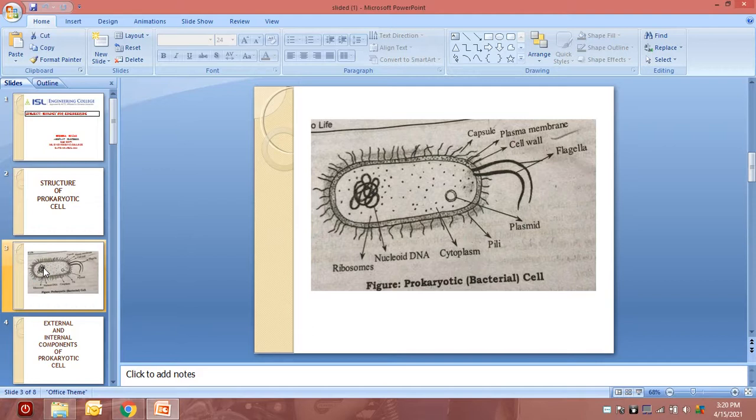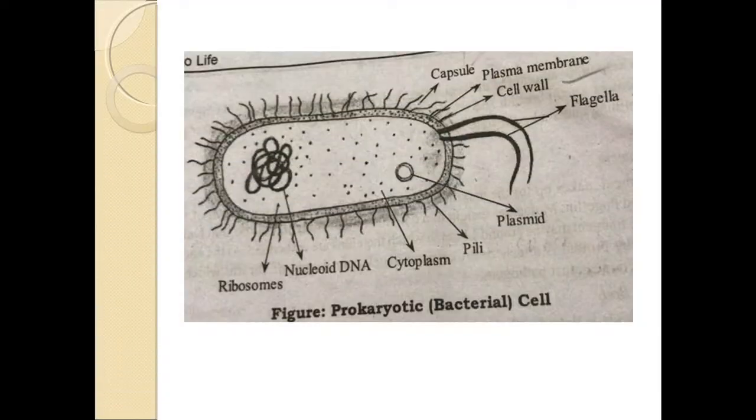This is the diagram of a prokaryotic cell. As an example here we have bacteria. This is the diagram of bacteria, a prokaryotic cell. Prokaryotic bacterial cell.